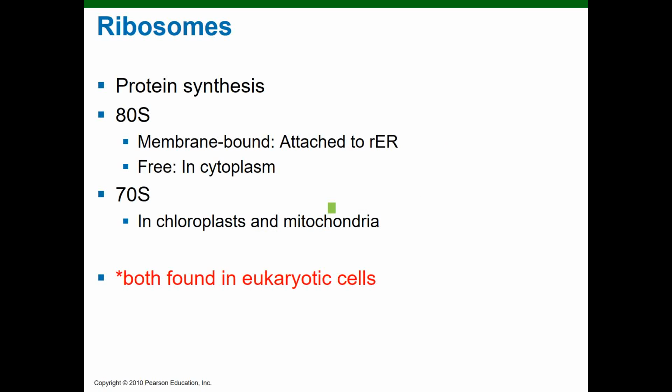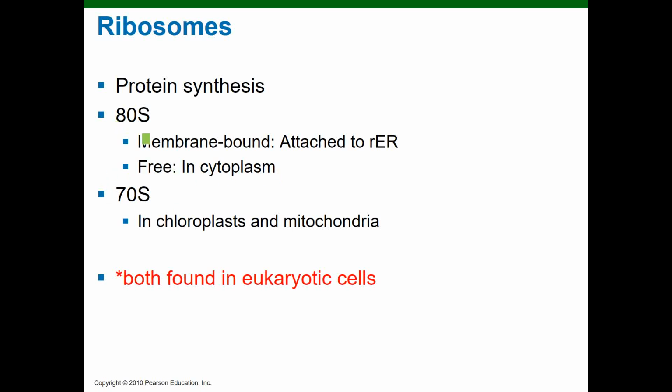All right, so ribosomes, function is the same, protein synthesis. In eukaryotic cells, we have 80S ribosomes, so again, a larger, more complex ribosome. Usually they are found attached to the rough endoplasmic reticulum, or RER. They can also be found freely floating around the cytoplasm.